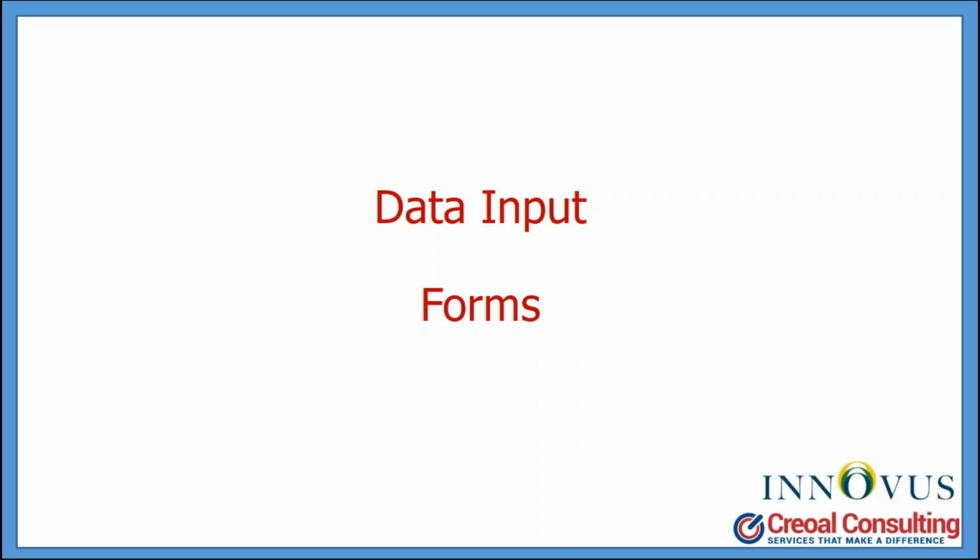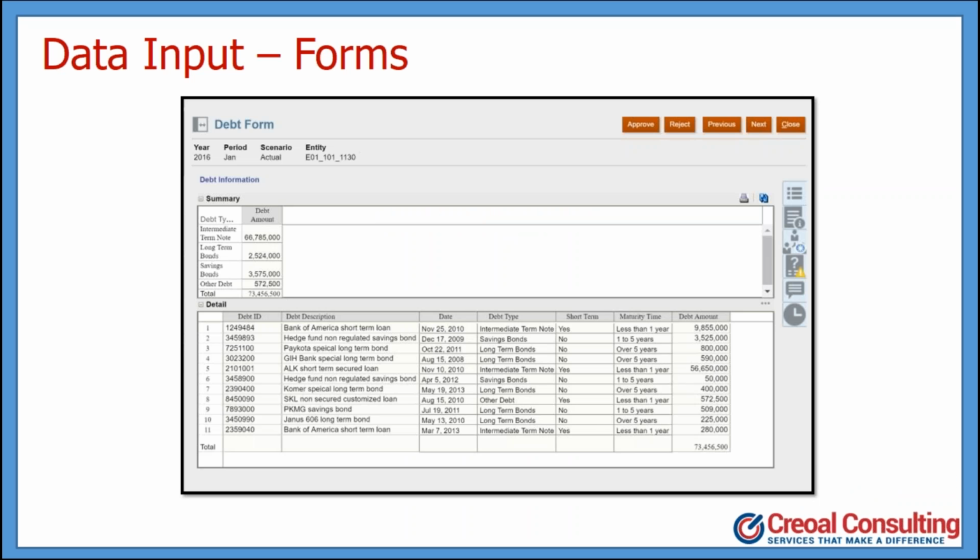data forms. And again, a lot of times what you'll see is when organizations are closing the books, they have requirements around their financial reporting. The forms allow you to actually enter additional information which may not necessarily be available in your source system.